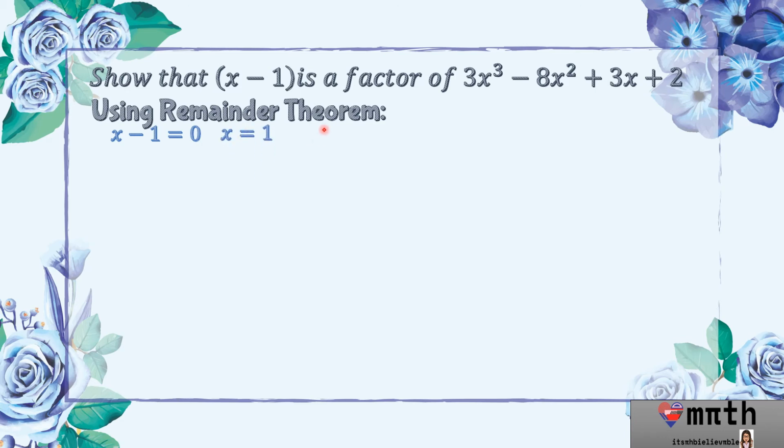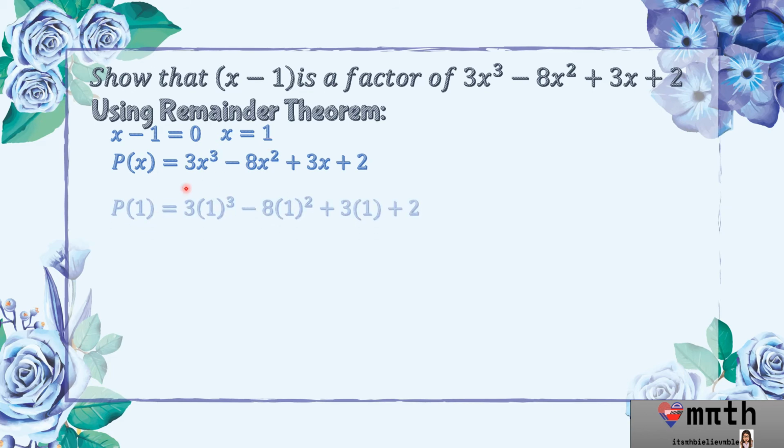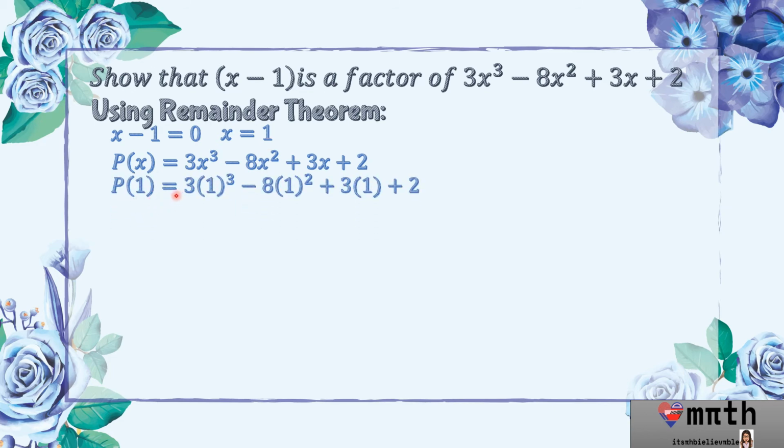Since we have already the value of r, we can substitute it to the p of x or dividend and replace the x's by 1. So that will be p of 1 equal to 3 times 1 raised to 3 minus 8 times 1 raised to 2 plus 3 times 1 plus 2.